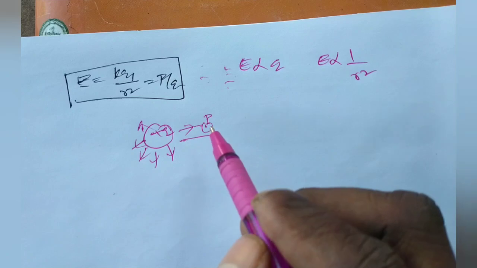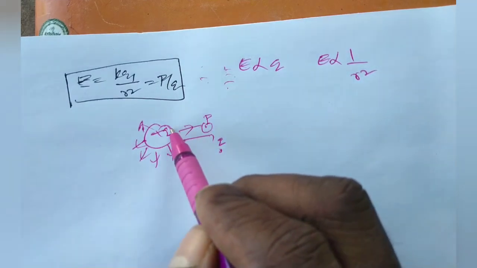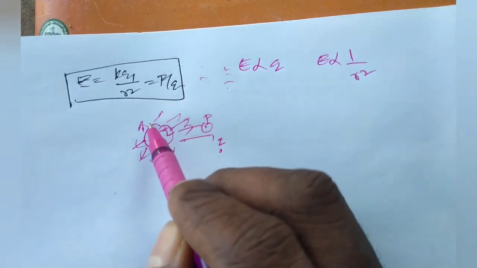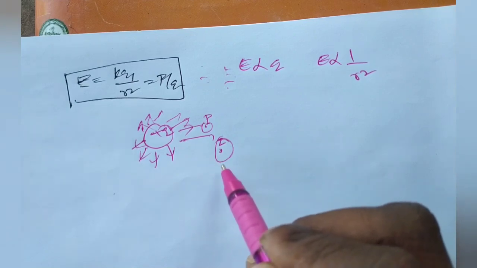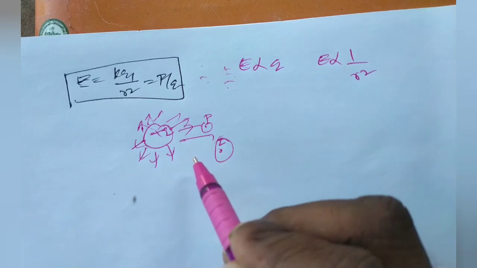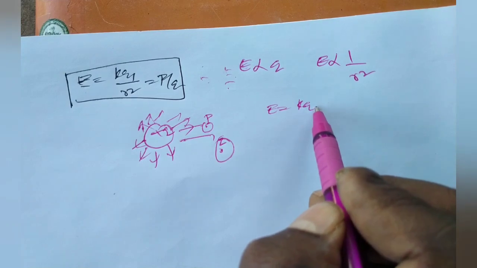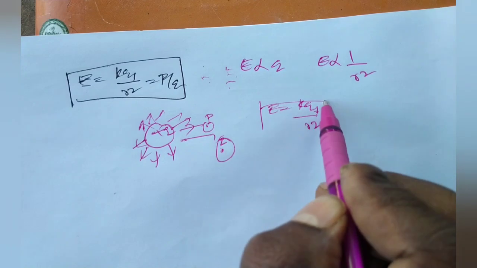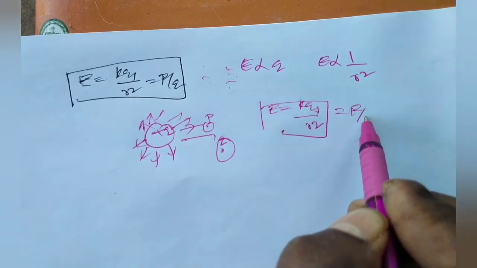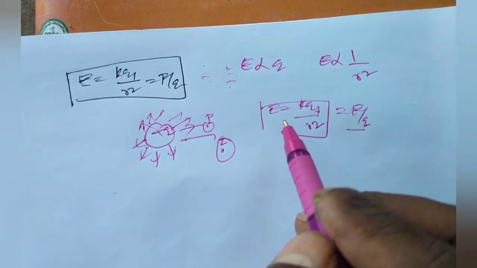Suppose a test charge is there; the source charge produces the electric field lines, and the test charge is the affected charge, not affecting the source. So E equals F by q, or k q by r square.